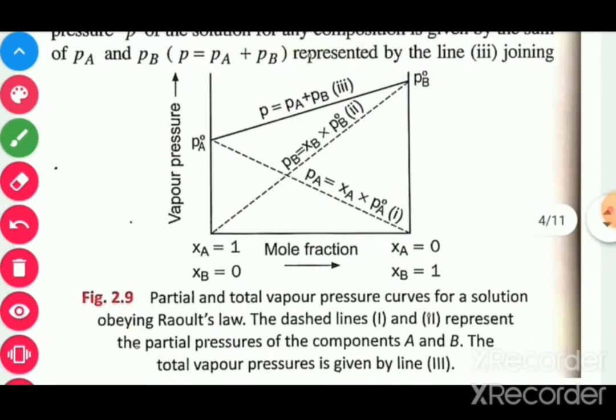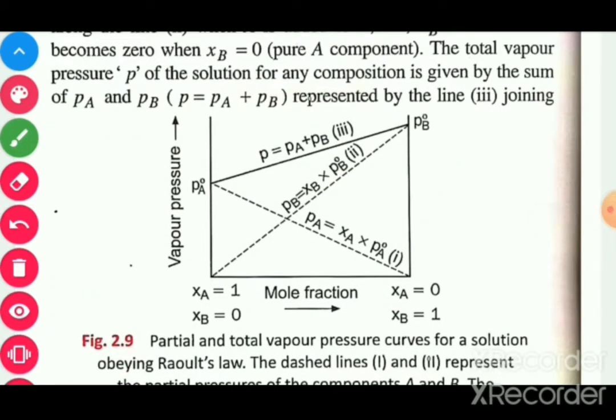In this figure related to the ideal solution, on the x-axis the mole fraction of solute and solvent is taken, and on the y-axis the vapor pressure of solute and solvent in the pure form is taken. On the left side, if the mole fraction of solvent is equal to 1, at that time the mole fraction of solute is equal to 0.